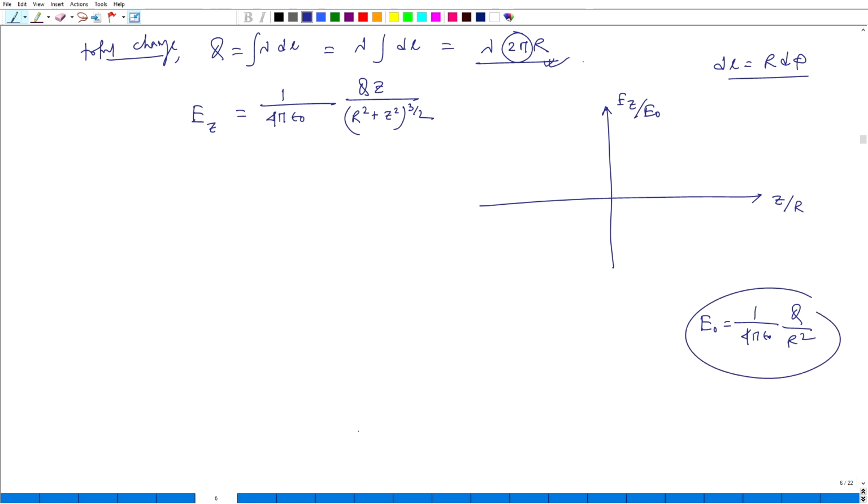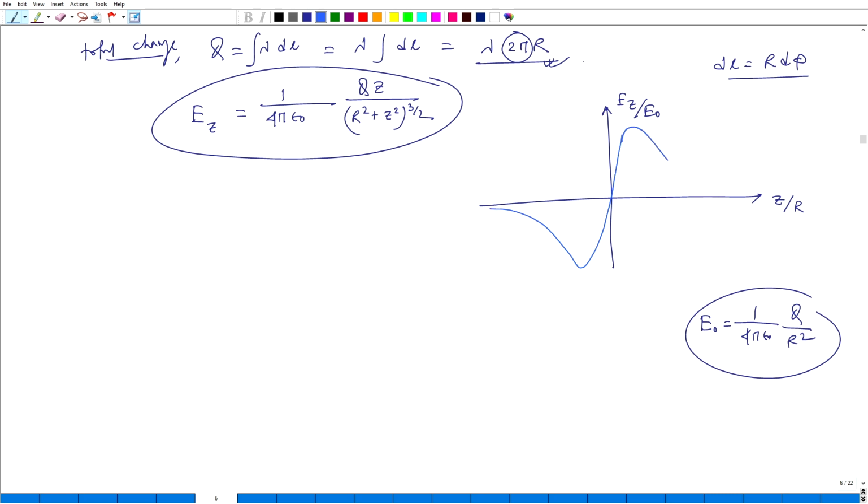If we plot this function, it looks like this. So it is symmetric about the origin O.